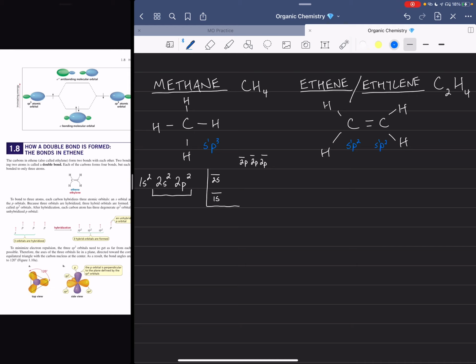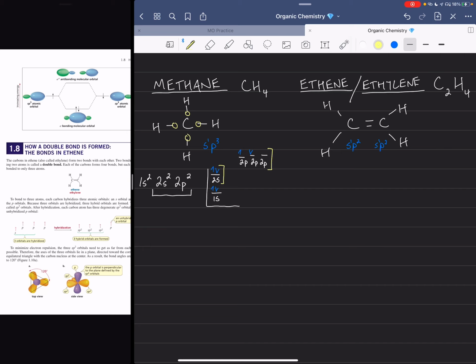All right, for filling electrons, 1, 2, 3, 4, 5, 6. Now we just need valence. And our valence electrons are here, and they're here. But carbon needs to make 4 bonds, right? It needs to make 4 bonds.